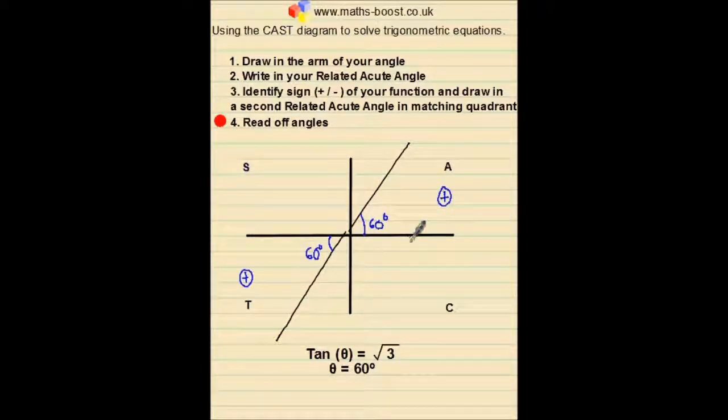Again, if I want negative values, I'll move in a clockwise direction. I can get minus 120 degrees, and if I continue to cycle round, minus 300 degrees. And you can cycle through minus 360 again if you need more solutions depending upon the interval of the equation, which I've not given in any of these examples.